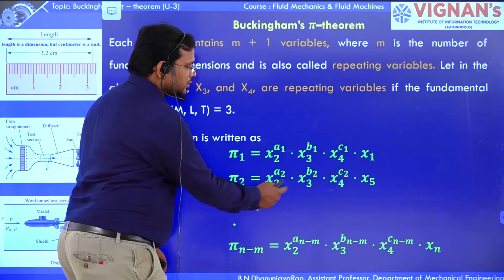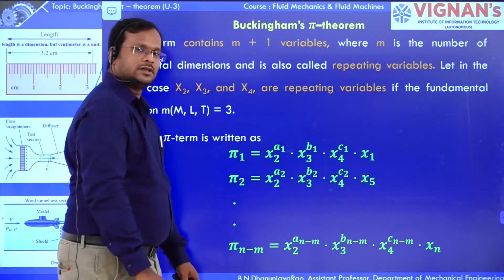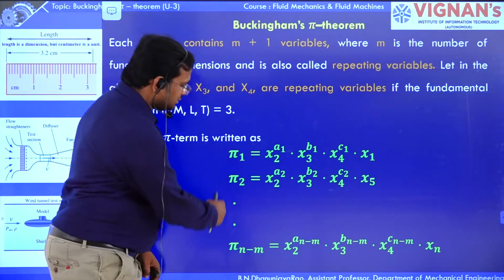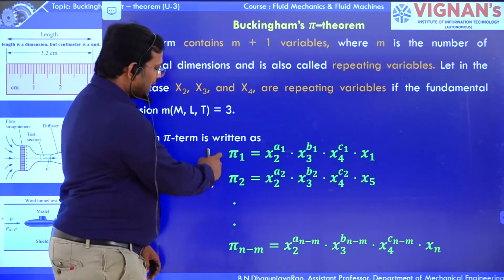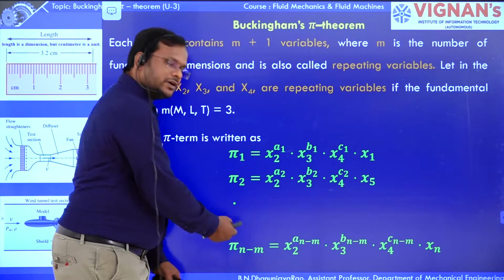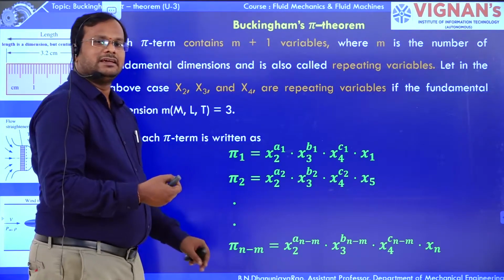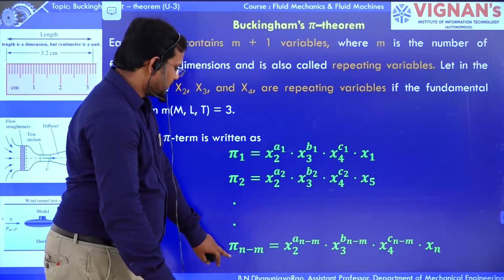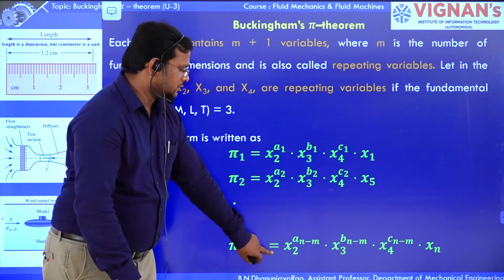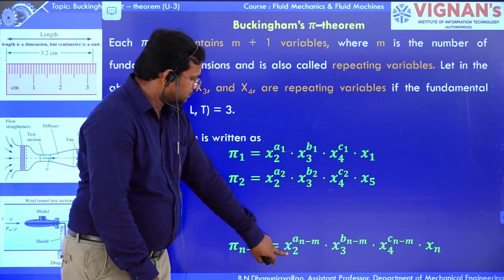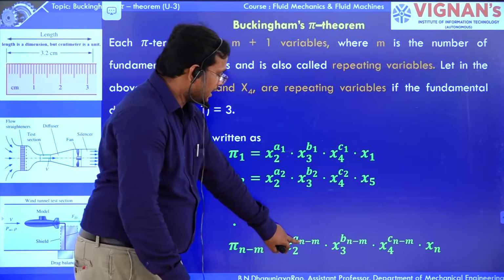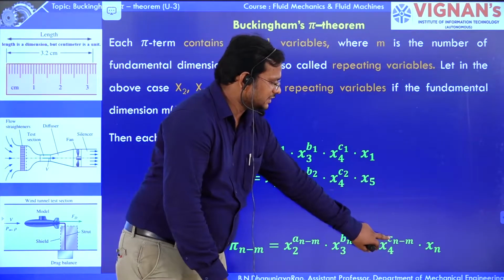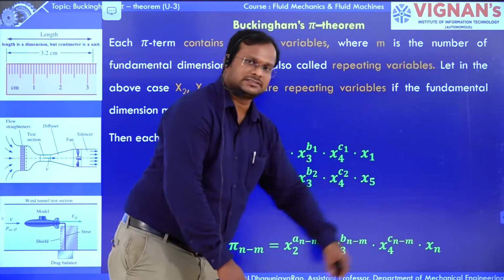In pi 2 also there are 4 variables, and pi 3 also. If the number of variables increases, the number of pi terms will also increase. So pi 1, pi 2 to pi n minus m is equal to x2 power a n minus m, x3 power b n minus m, x4 power c n minus m, to xn.